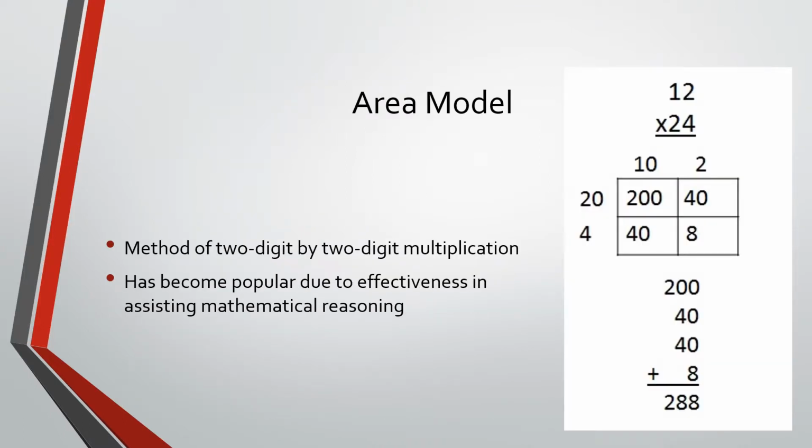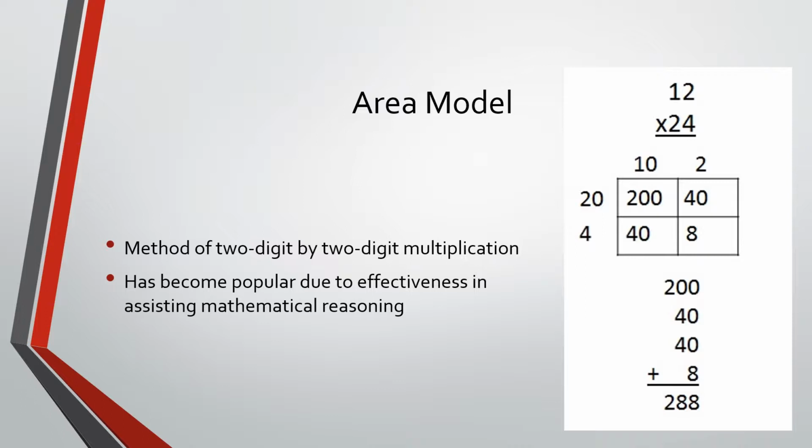And so, as I mentioned, with more advanced mathematics, instead of simple and basic math facts, students were doing 2-digit by 2-digit multiplication. In keeping with the current climate of education and some of the methods being taught to students currently, the area model for 2-digit by 2-digit multiplication has become fairly popular in schools due to its effectiveness in assisting students with developing their math reasoning.